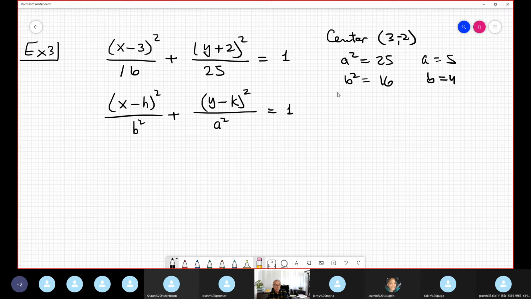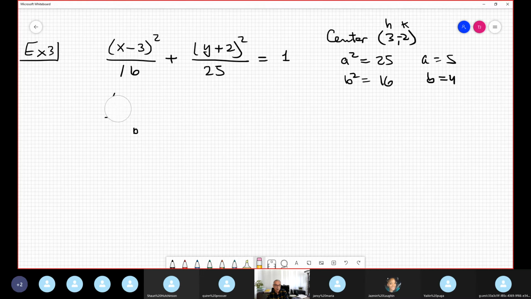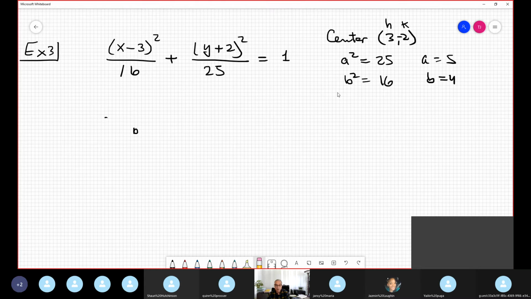H is +3 because it keeps the same sign. That means when you plug in these 3 here, it doesn't affect the sign. However, here I put positive is opposite sign. Therefore, the k value is, this is h and this is k. It's clear or confusing? Okay, clear.